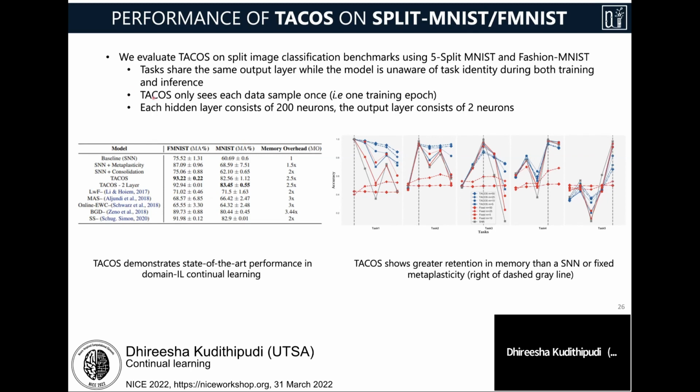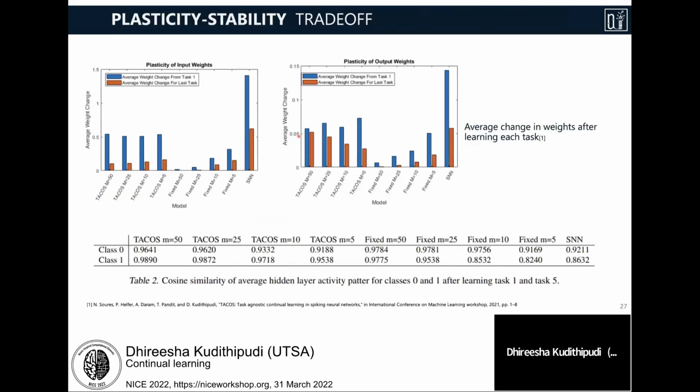The most important point I want to highlight is that in this model, we only show each data sample once, as in the performance I'm showing here is with 1 training epoch. That plays a significant role in the network performance and resources as well.